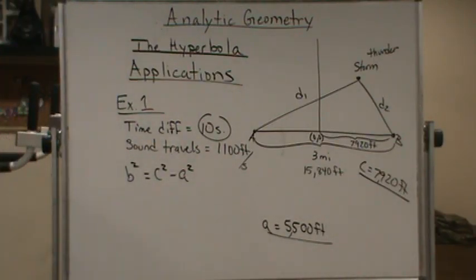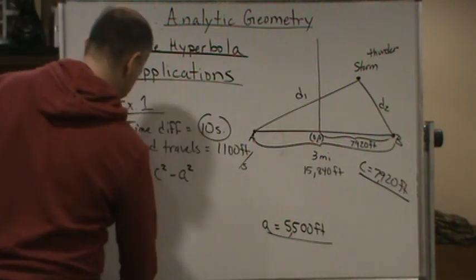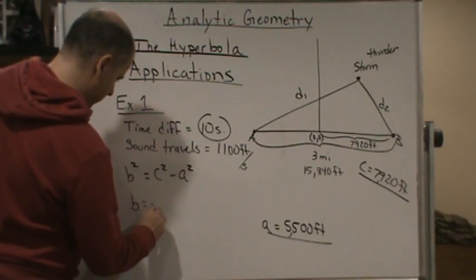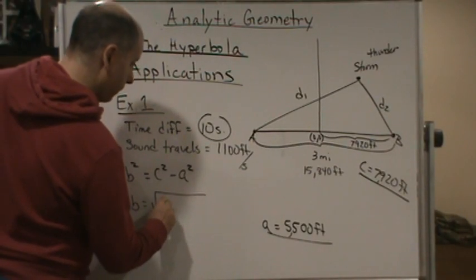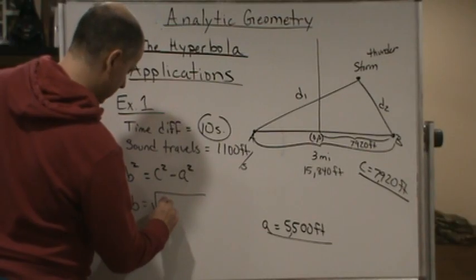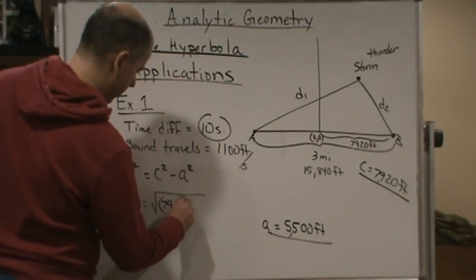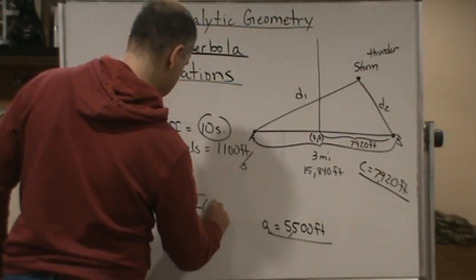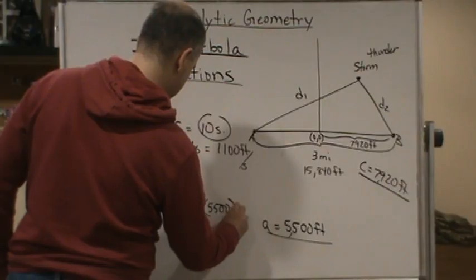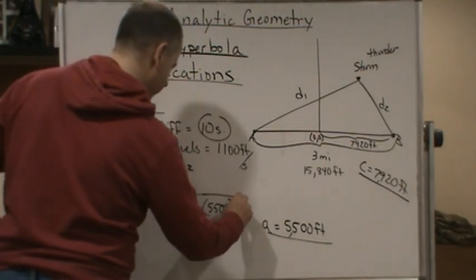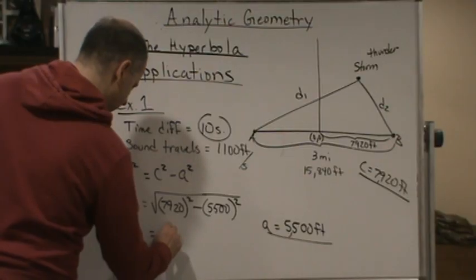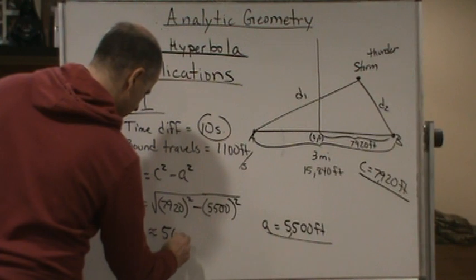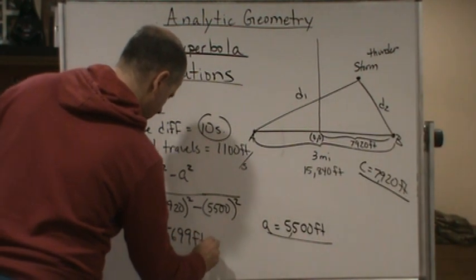So b equals the square root of 7920 quantity squared minus 5500 squared. And when you stick this in your calculator, you get approximately 5699 feet.